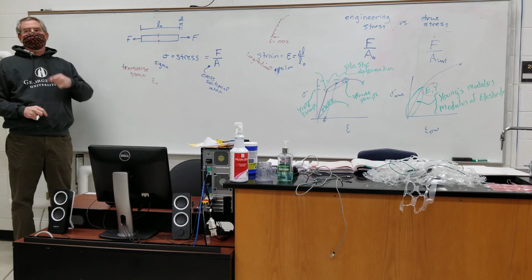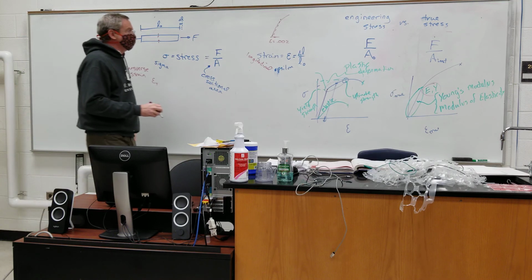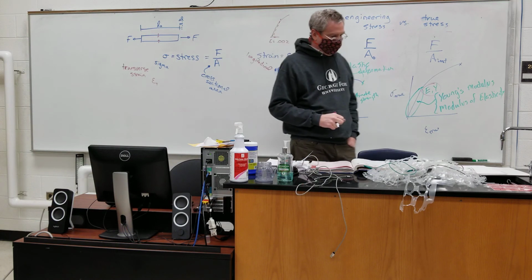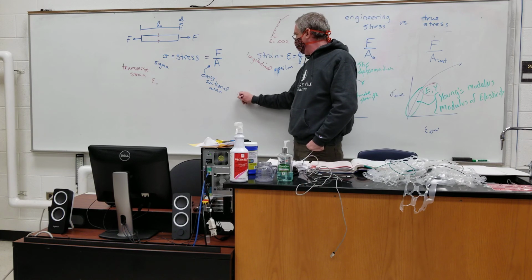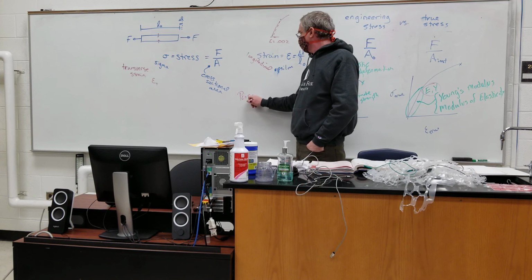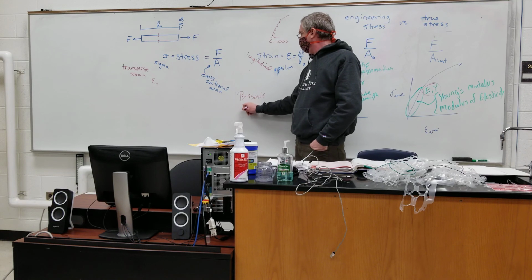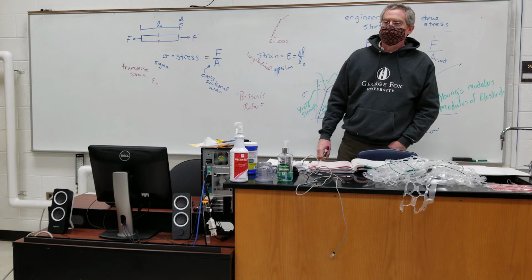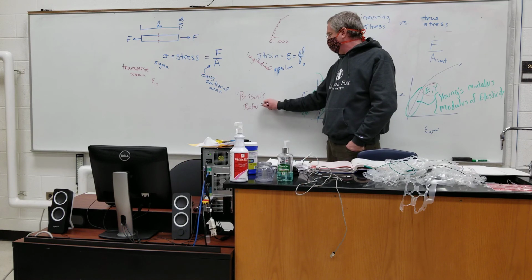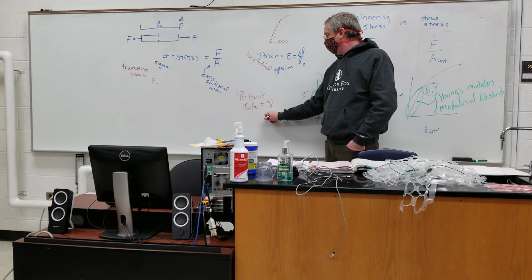And so there's yet one more relationship we can talk about here, known as Poisson's ratio. And of course, we don't feel like writing that out, so we come up with a symbol, and it is the nu, the Greek letter nu.